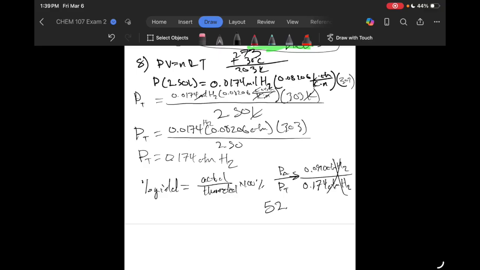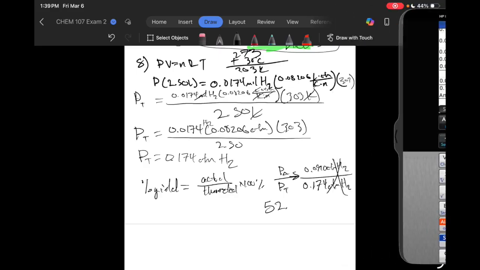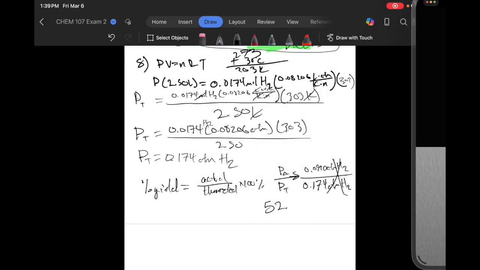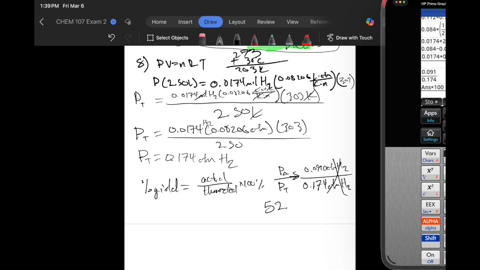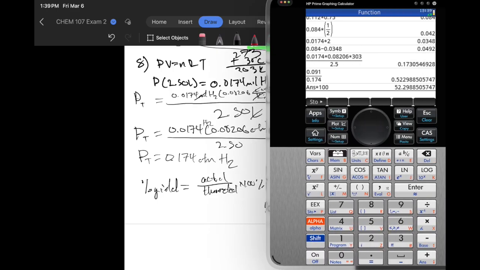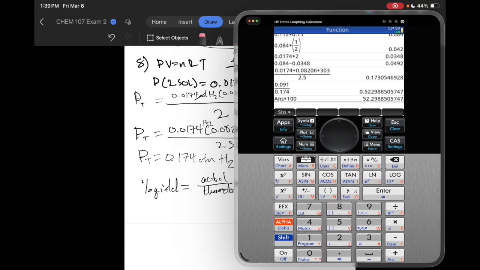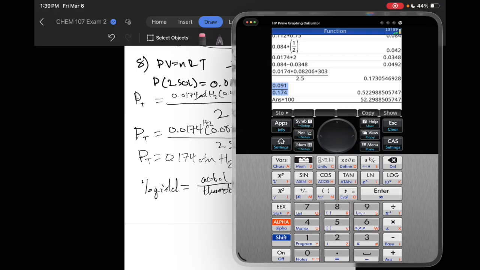So we did 0.0174 times 0.08206 times 303. No, that gets divided by 2.5. Oh, sorry, I apologize. I rounded up to the wrong number. I didn't need to round that. Okay. See, always make sure your rounding is correct.